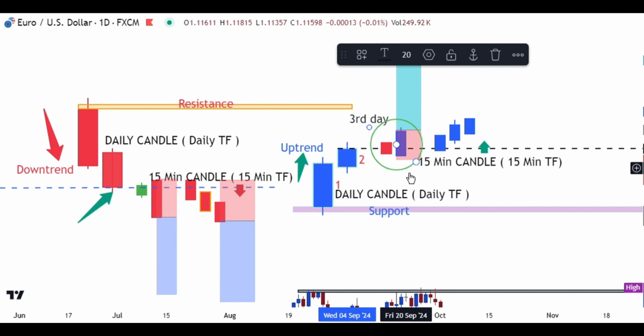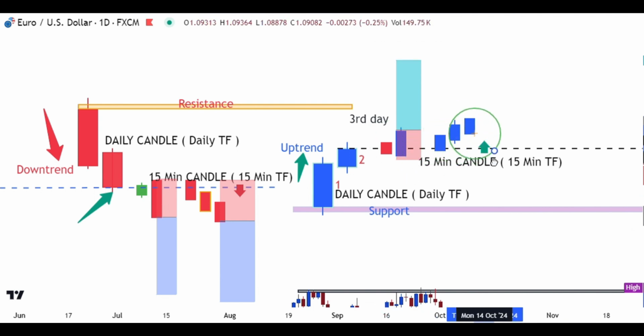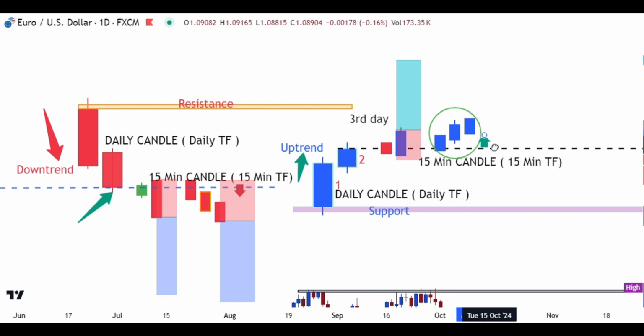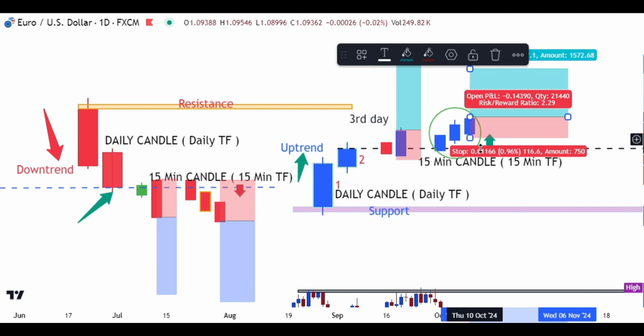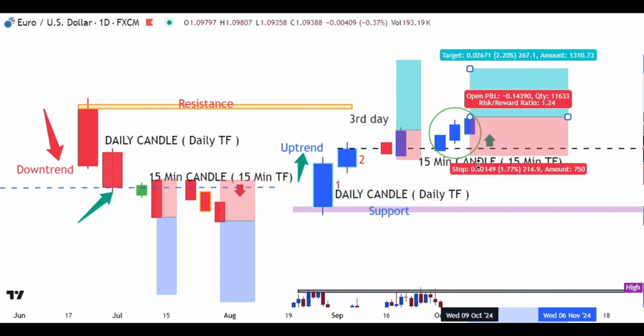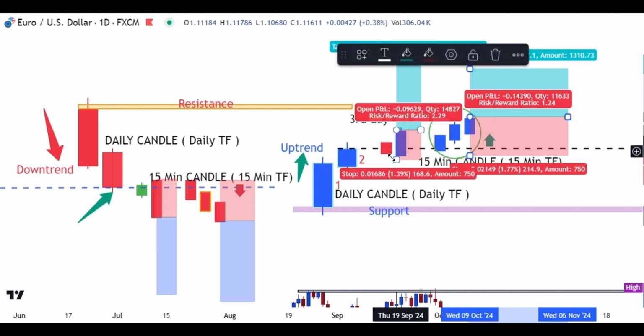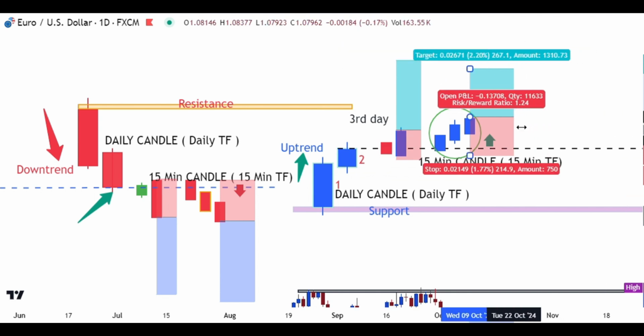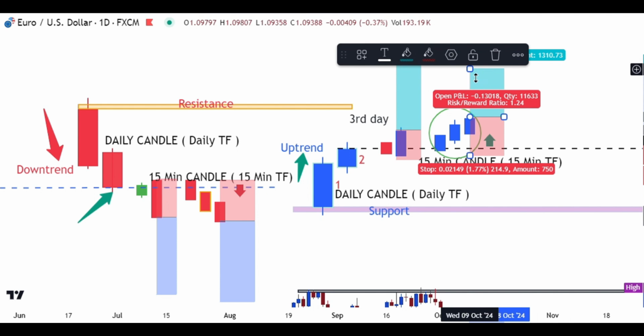You can also have a confirmation of 3 white soldiers, like in this case, this is 3 white soldiers. So you buy above that line again, you buy above here. After the close of that third soldier, you place your stop loss just below the horizontal line or below the previous day close, and then you can still target your 1:2 risk to reward ratio to the upside, guys.